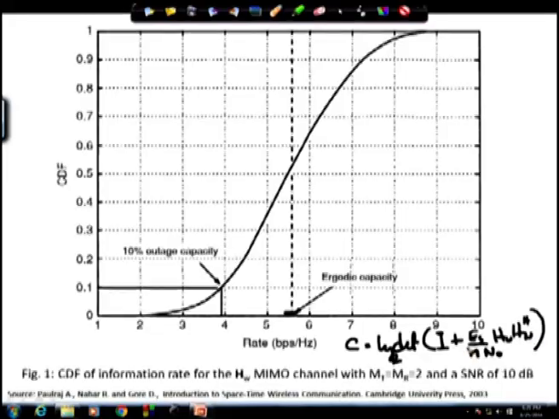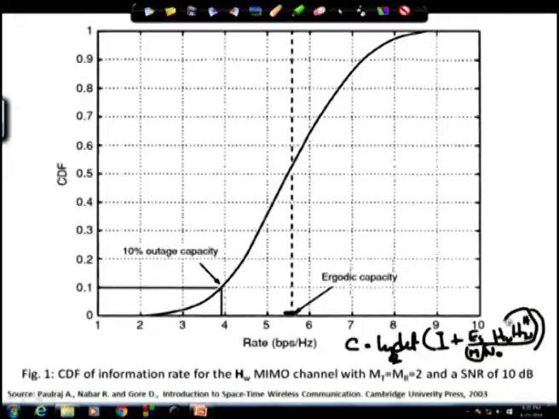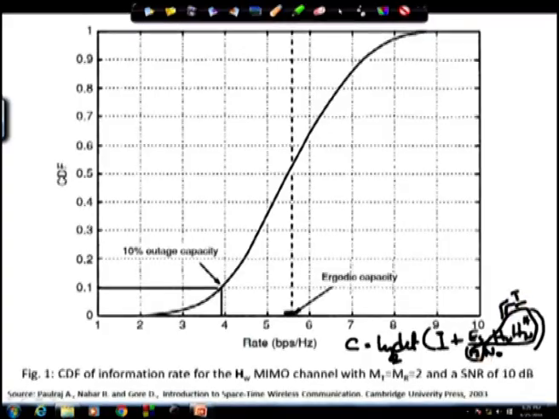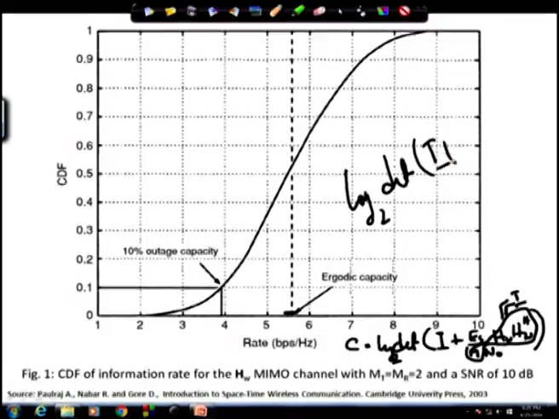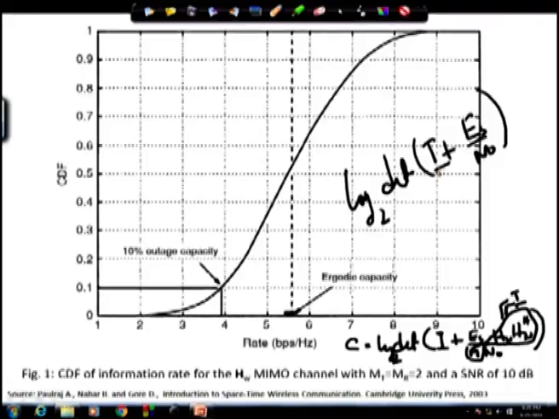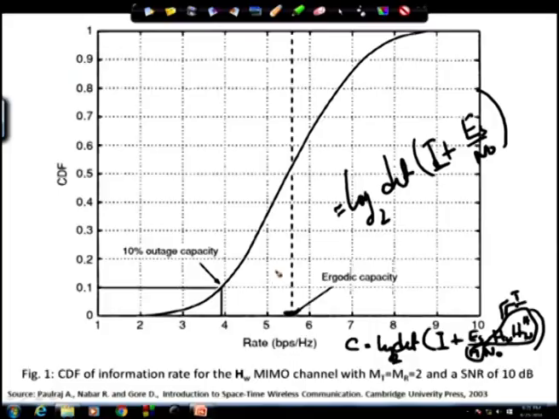So 1 upon M HW Hermitian, if that is equal to I, for M being very large, that is what we have seen, what do we get? Capacity is log 2 determinant I plus Es upon N naught. So that is the capacity of a SISO channel. This is in the limiting case. If it is not a limiting case, it will be very close to this value, so it will be very close to one particular value. So this distribution, which is so spread out, will almost be like this.